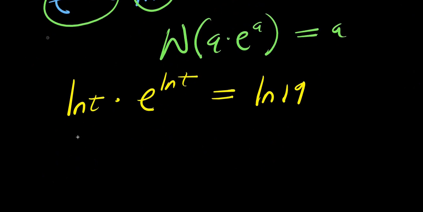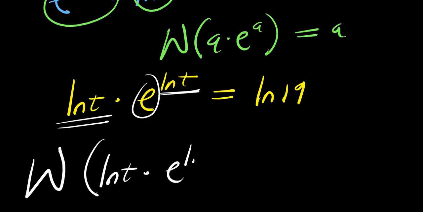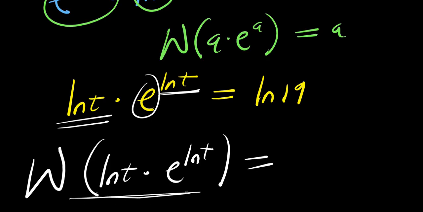At this particular point in time, we have ln t here, we have ln t here, and there is e. So I think it's pertinent for us to apply the Lambert W function right now. So I use capital letter W to apply it here. And since we have applied it at the left-hand side of this equation, we need to also apply it at the right-hand side.